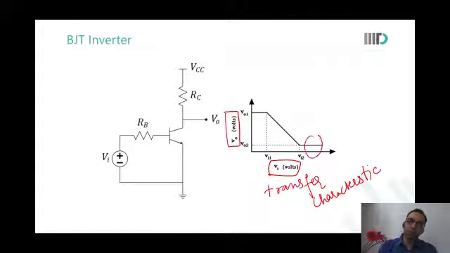Clearly, you cannot get a very clean 0 over here, because there is some resistance of this BJT that will come into the picture. And also there is a continuous flow of current. Are you able to see this? Yes, sir. So this is not really the best way to design an inverter, especially in today's technologies.